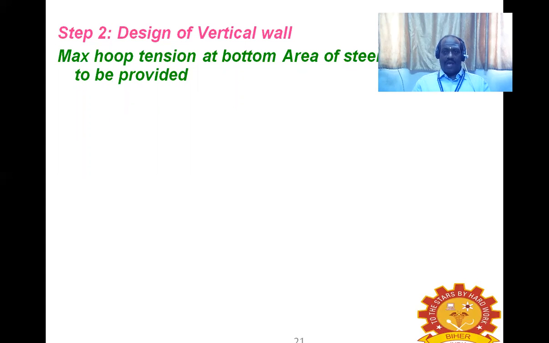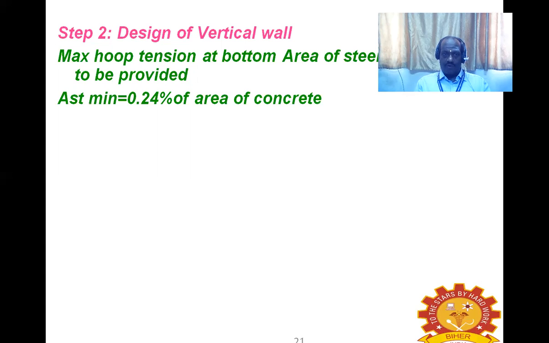So as we have discussed already, the maximum hoop tension will be at the bottom of the tank, wherein we have to give more steel at the bottom, and towards the top we can curtail the reinforcement, because we all know the pressure distribution is from 0 at the top to maximum pressure at the base.